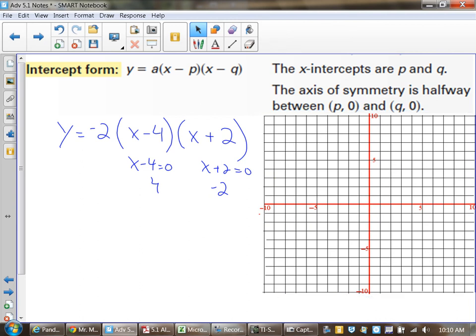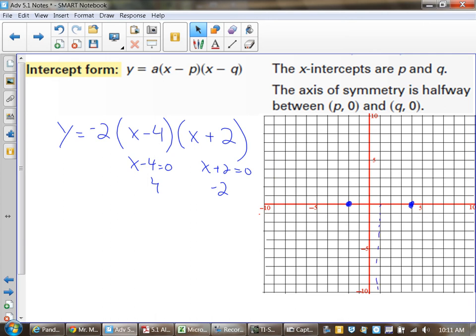So once again, if I'm looking at one like this, I know my zeros are occurring at 4 and -2. I know that it's opening downward, and my axis of symmetry occurs at the midpoint. Well, how far apart are these guys? So what's the halfway point then? Well, 1, 2, at 1.